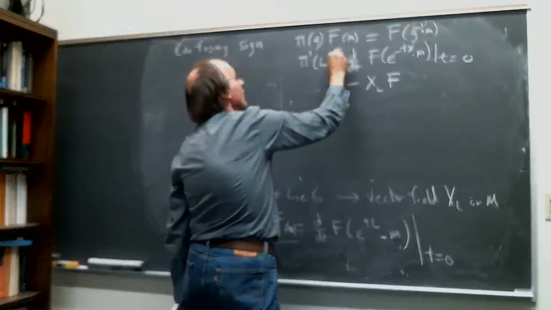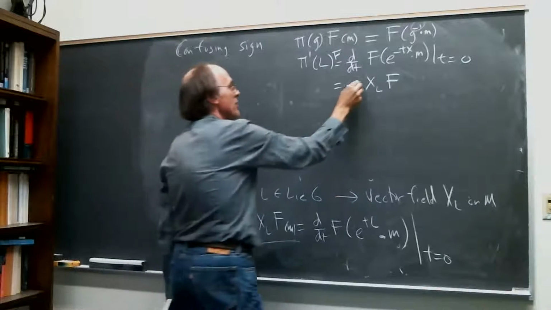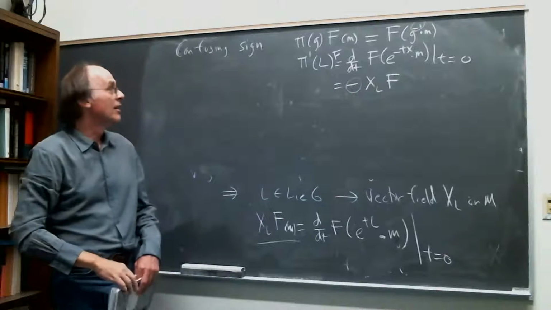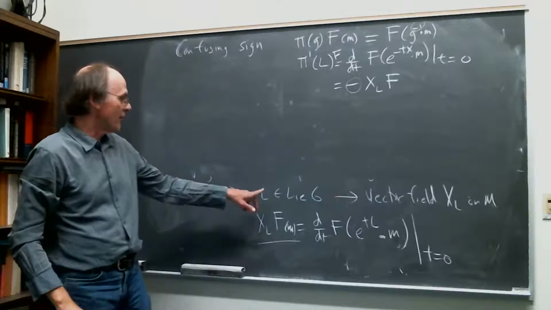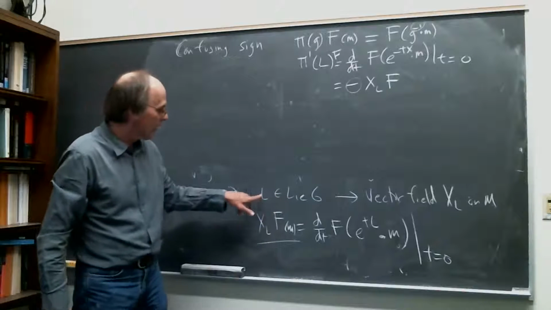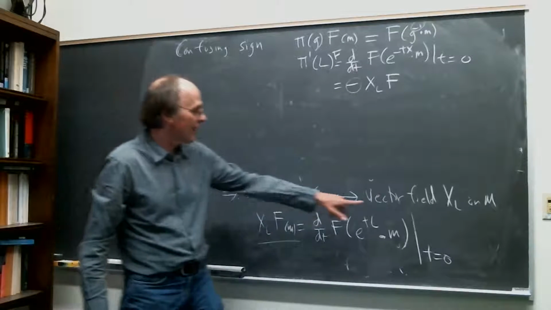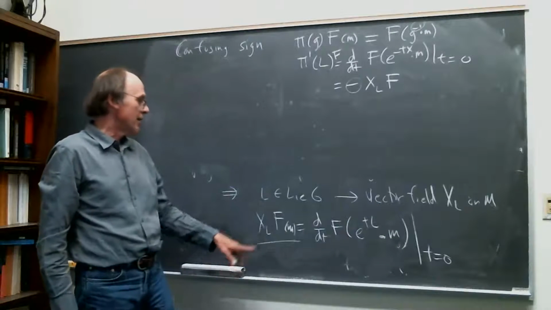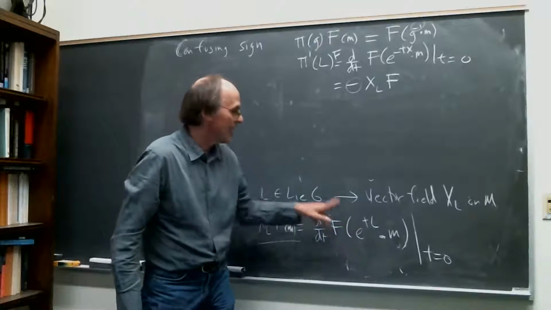That's right. So anyway, you just have to watch out that for elements of the Lie algebra, you're getting a vector field here, but you can do it this way and get this vector field.